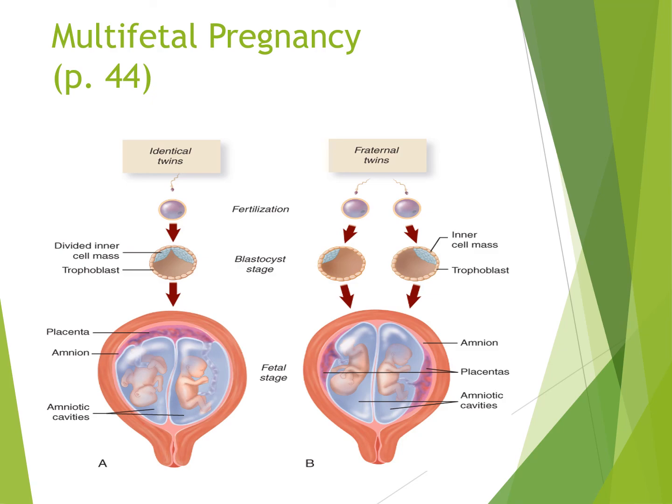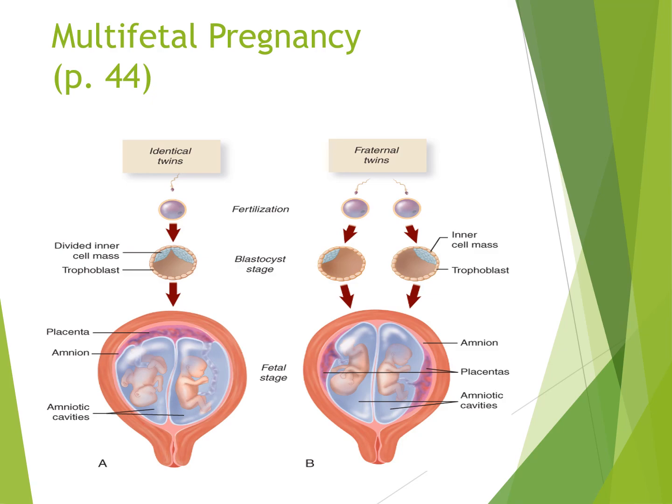But you can see the one placenta, two sacs, two cords, but they both go to the same placenta. Okay, that's what matters. On the right, the fraternal, you can see two fertilized eggs, then the blastocysts that split, and then you see two placentas, two babies, two cords, two sacs, two everything.